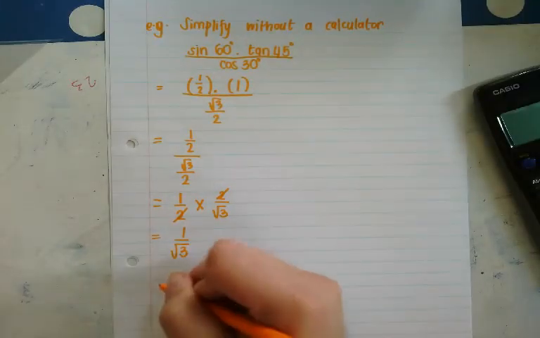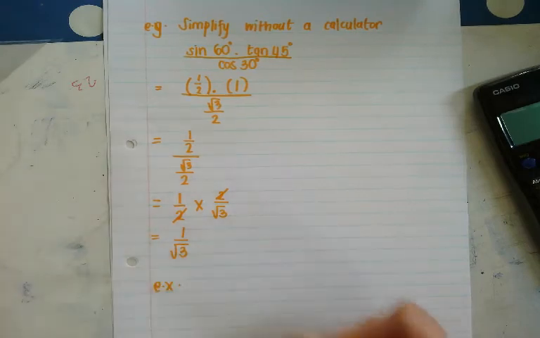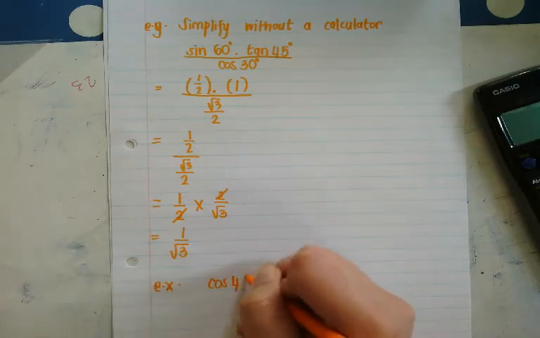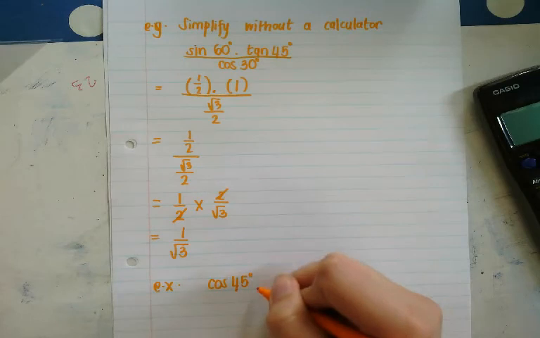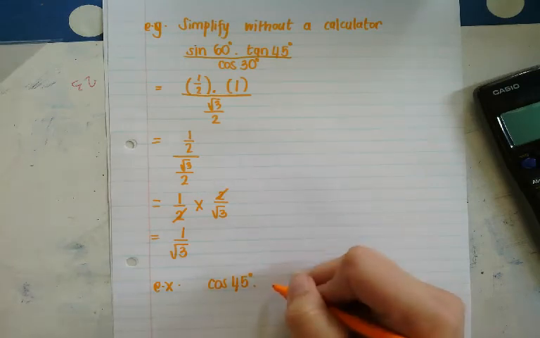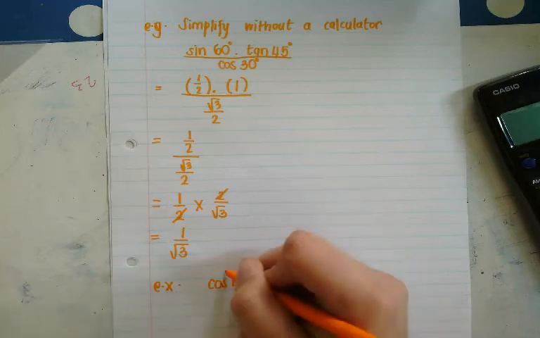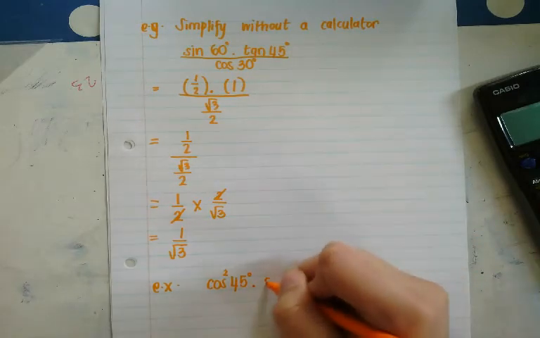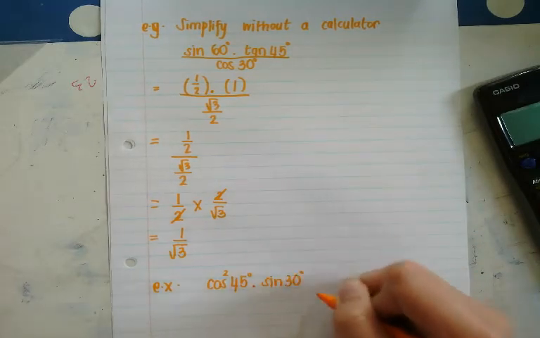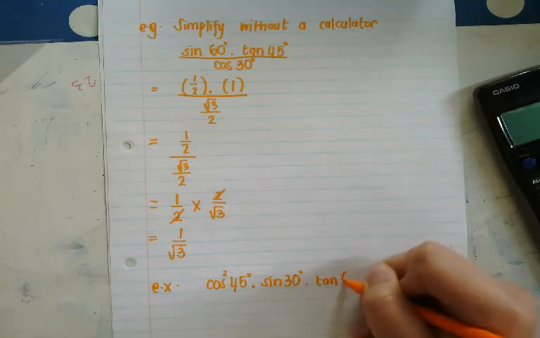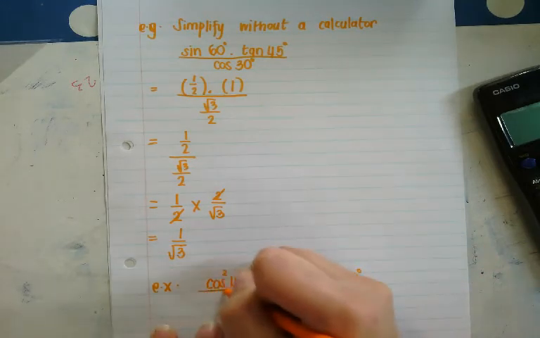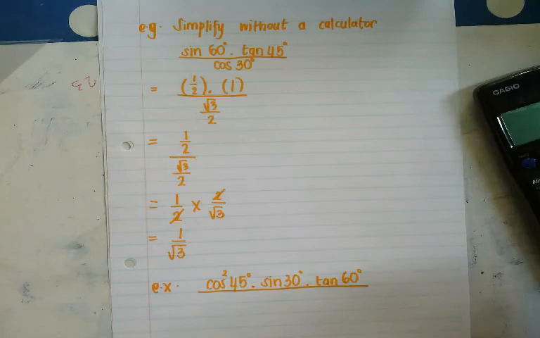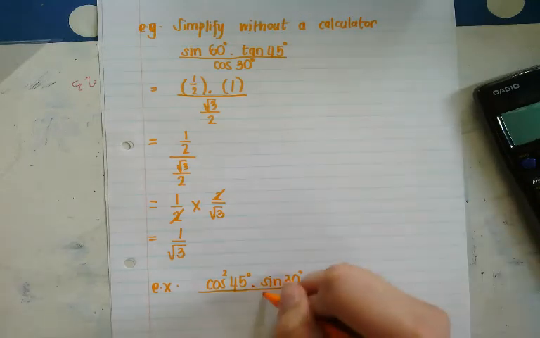So your exercise, I want, let's go cos 45 degrees and I want you to square it, so cos squared 45 degrees times sine 30 degrees times tan 60 degrees over, let's say, tan 60 degrees.